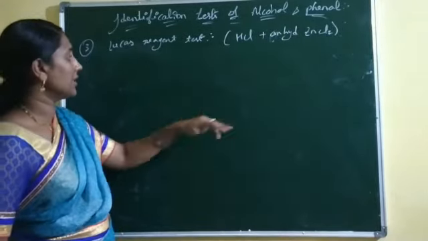Now you take tertiary alcohols, R3COH. This tertiary alcohol is treated with Lucas reagent. Tertiary alkyl halide is formed. That means turbidity appears immediately.